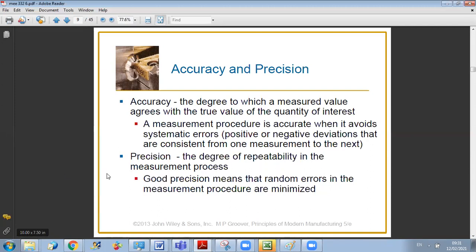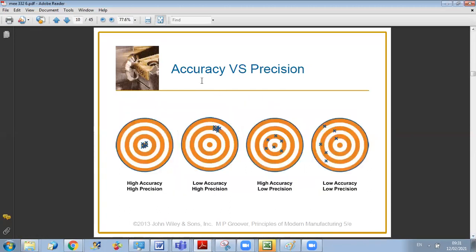Okay. So we will see here an example to understand more about the difference between accuracy and precision. Here, for example, you try to reach the goal, which is the center point, several times. The first figure represents high accuracy and high precision. Why high accuracy? Because all points are nearly close to the center.